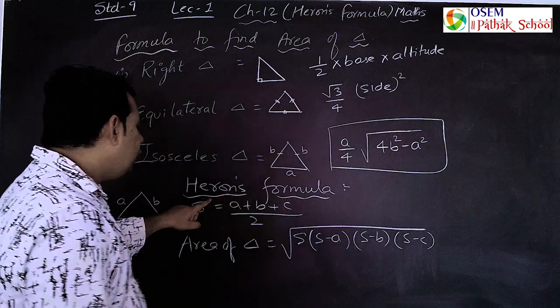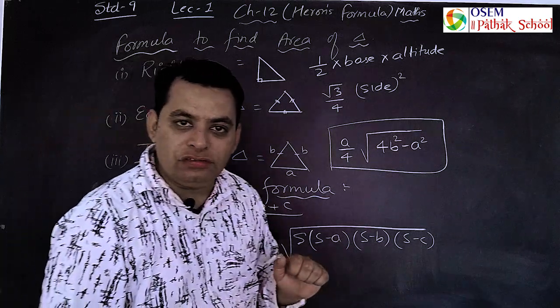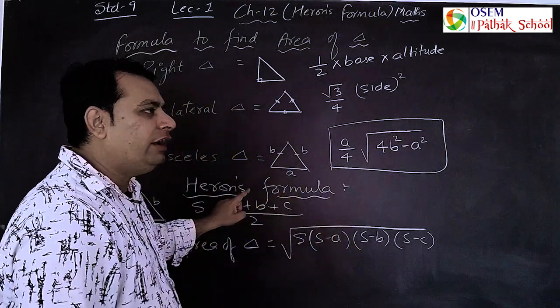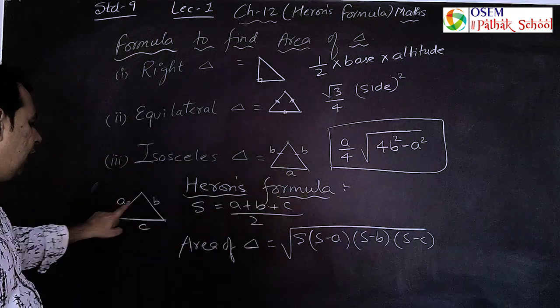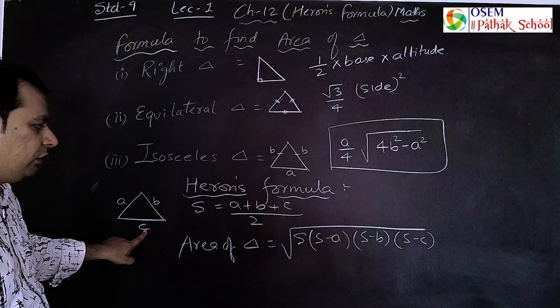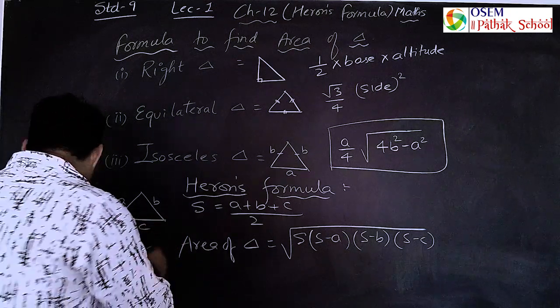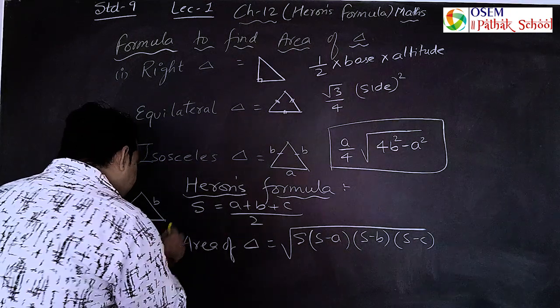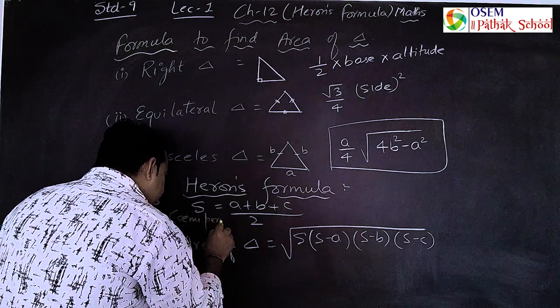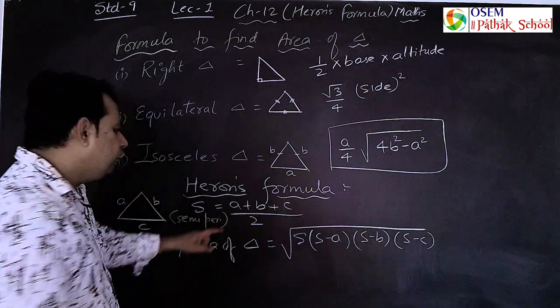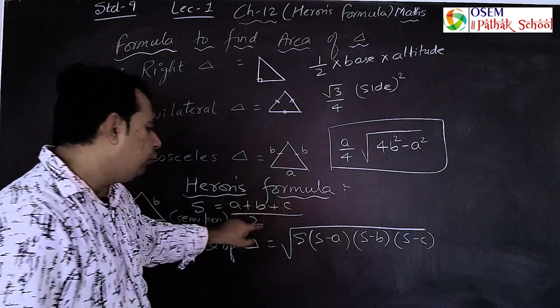तो इसके लिए Heron, one of the greatest mathematicians, who derived a formula to find out the triangle's area, that is Heron's, that is A, B, C, all three sides are different. तो S, that is semi perimeter, S stands for semi perimeter. Semi perimeter equals A plus B plus C upon 2.